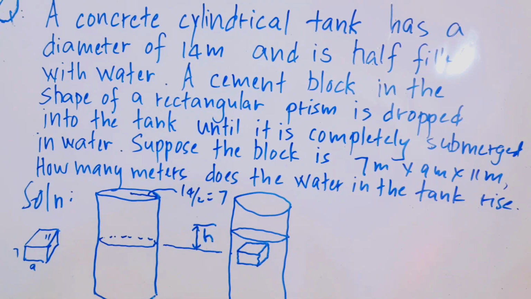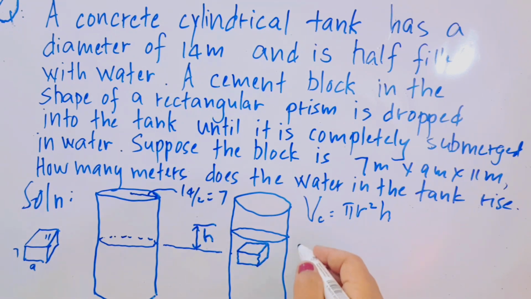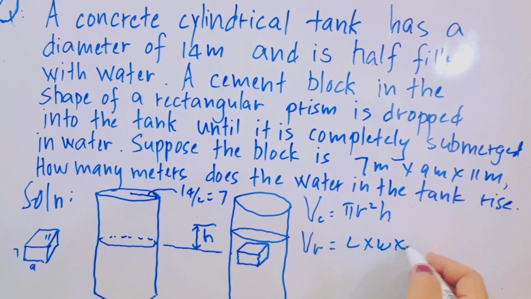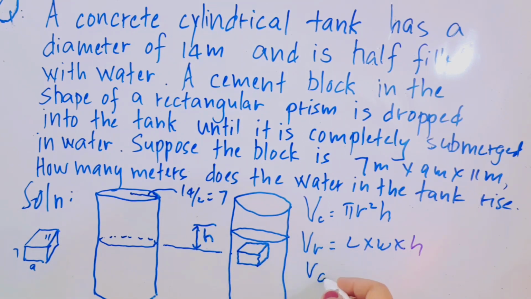Now, to solve this one, we will use the formula for the volume of a cylinder, which is equal to pi r squared times the height. And the volume of the rectangular block, we designate as VR, is equal to the length times the width times the height. Now in this case, of course the volume is the same. Whether you put the block or not, the volume of the water is the same. So we can equate VC to VR.